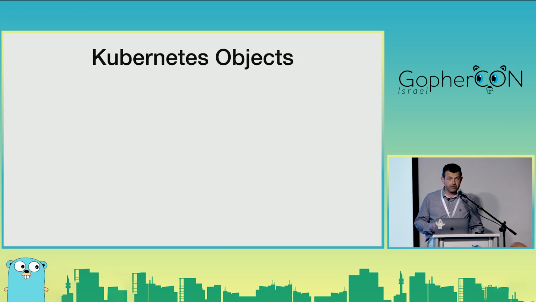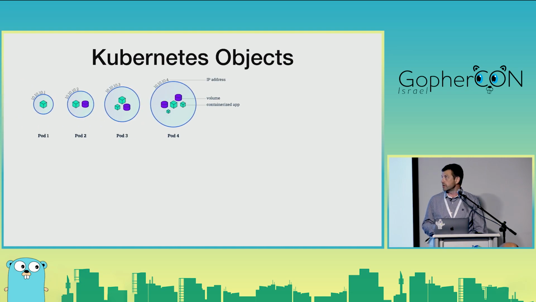But the universe of Kubernetes is more complex than plain Docker containers. It contains additional objects. You have pods. A pod is the basic unit, something that has an IP. It can host a single containerized application, or a container and a volume, or multiple containers and multiple volumes sharing the same network namespace and the same IP.